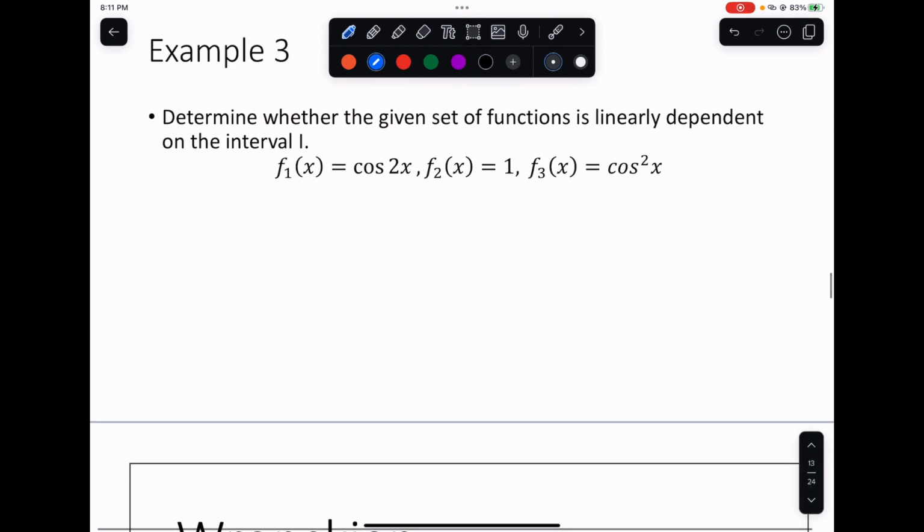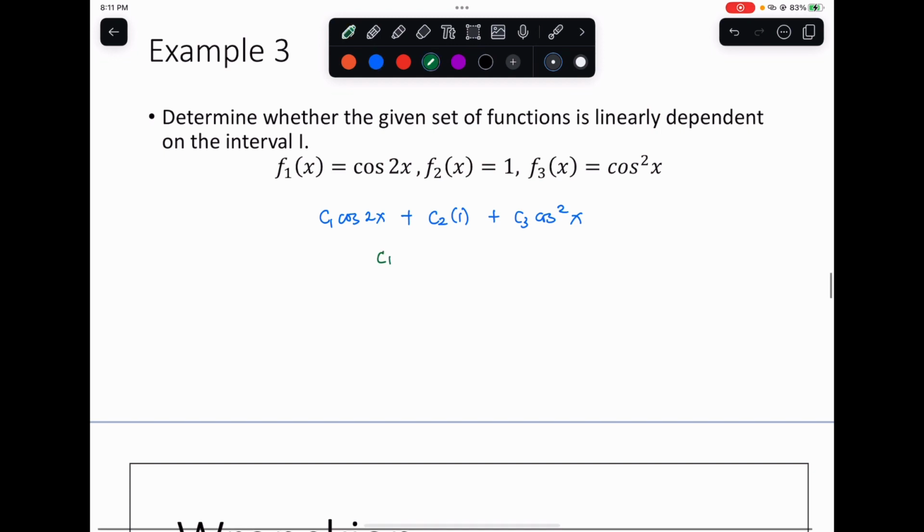For example number 3, this time we have a trigo function. So we have cosine 2x, 1, and then we have cosine squared x. So the linear combination of the three would be C1 cosine 2x, plus C2 times 1, and then plus C3 cosine squared x.